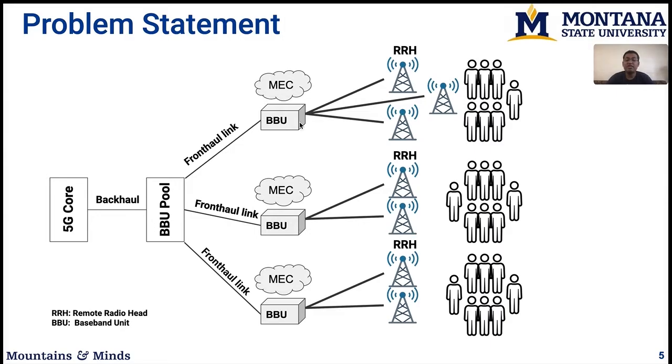The BBU uses resources for network traffic processing, and mobile edge computing uses the resources for computation and other edge services. So when the network traffic grows, the BBU needs more resources to handle the network traffic.